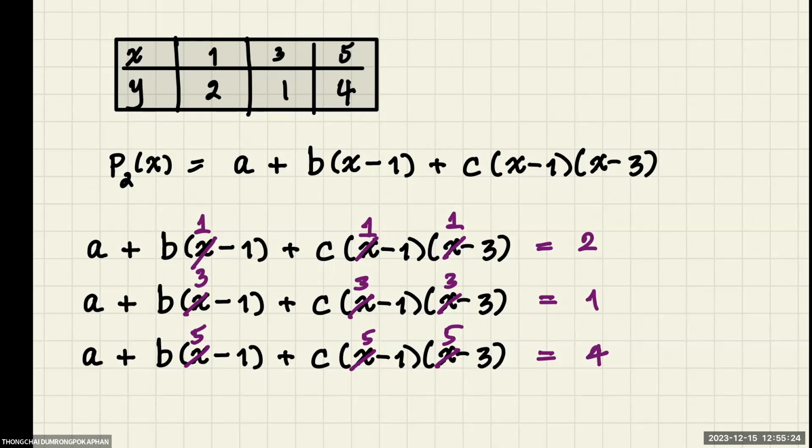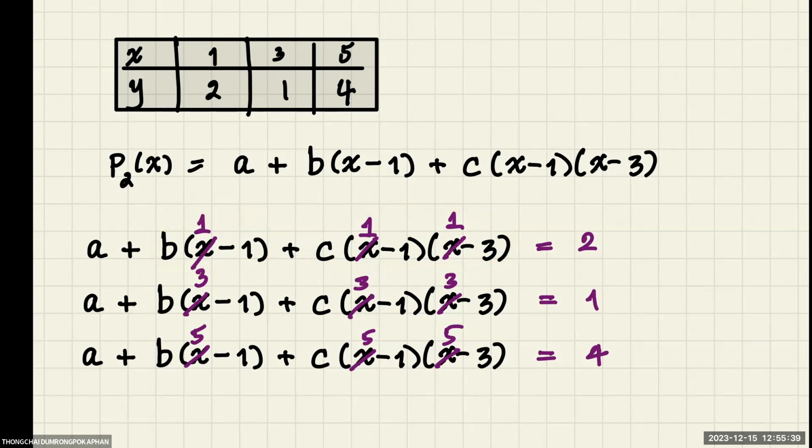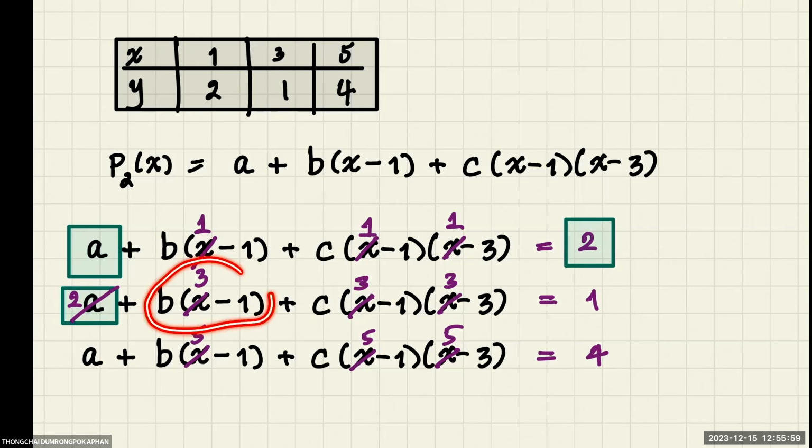Now you will see that this term is 0 because 1 minus 1 is 0, and this term is 0 because 1 minus 1 is 0. So the first equation gives you a equal to 2. Now I plug in 2 here. 3 minus 1 is 2, it's not 0, but 3 minus 3 is 0.